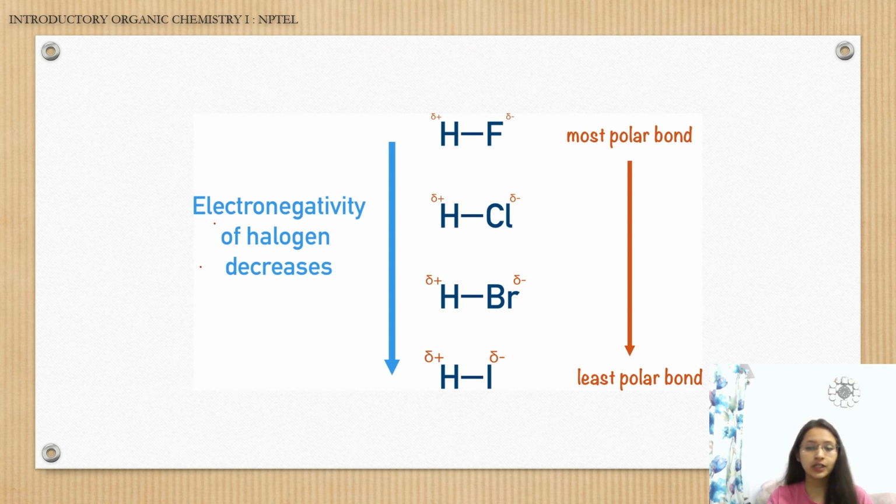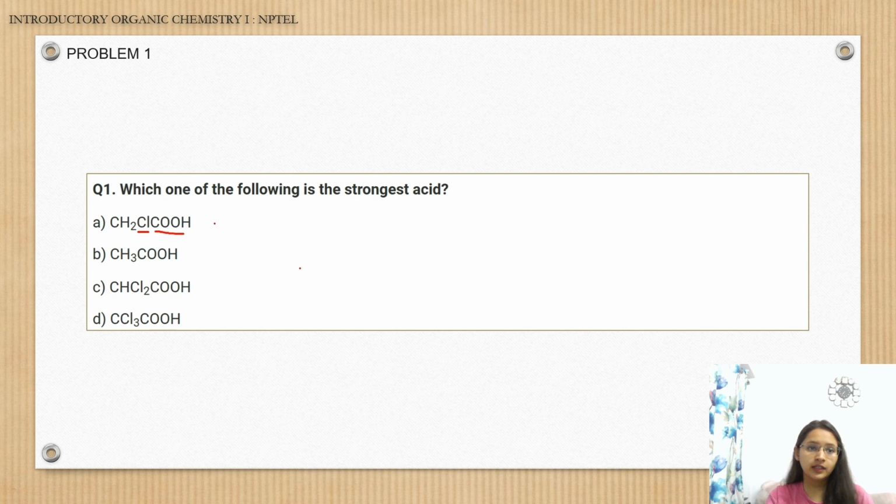So what happens when you have this Cl-CH2 connected to the carboxylic acid group? Here there is another OH. Fine for everyone?